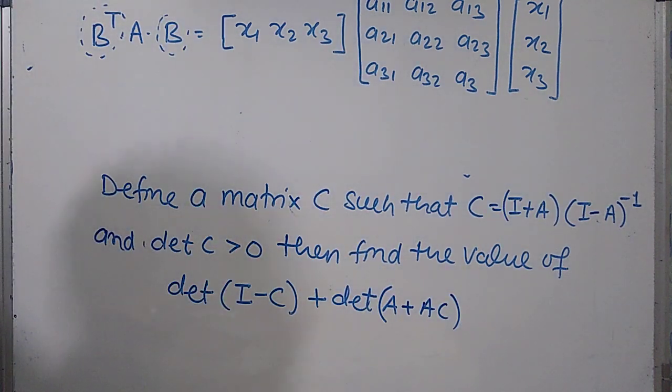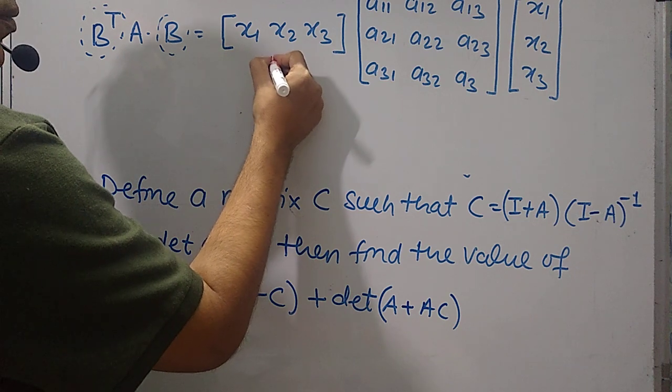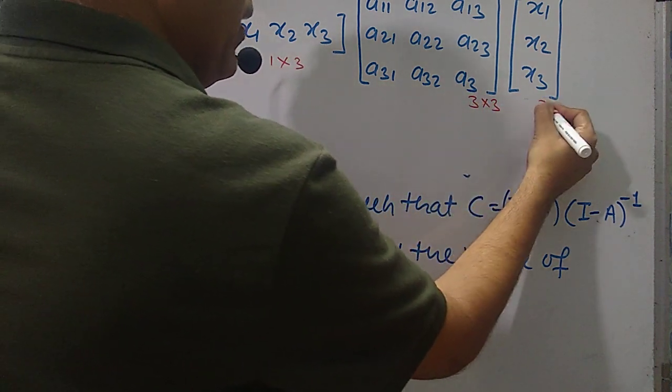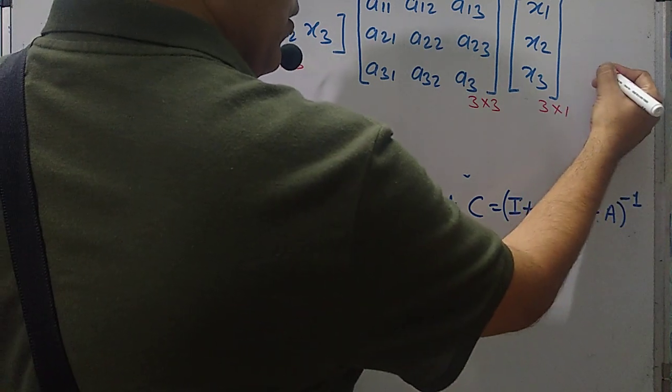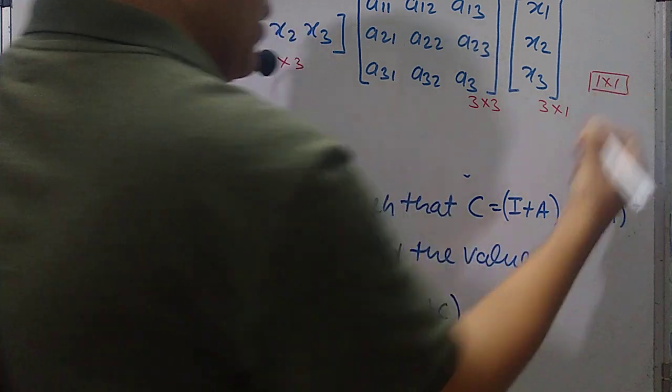Here the order of B transpose is 1 by 3, the order of A is 3 by 3, and this is 3 by 1. So the order of the output matrix will be 1 by 1, right?